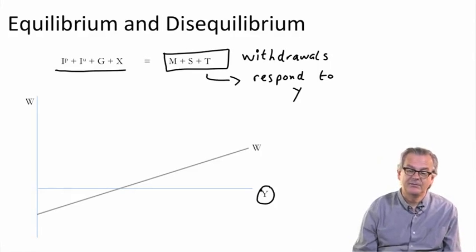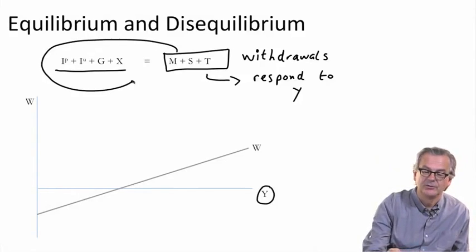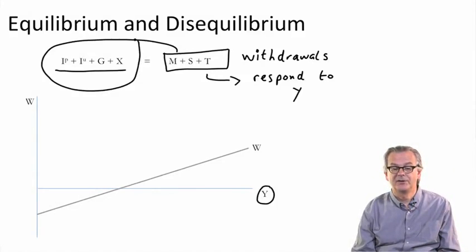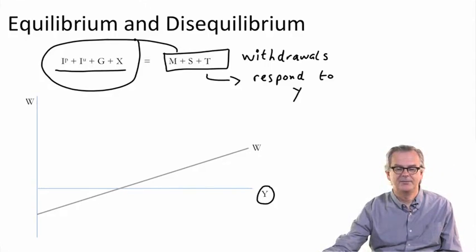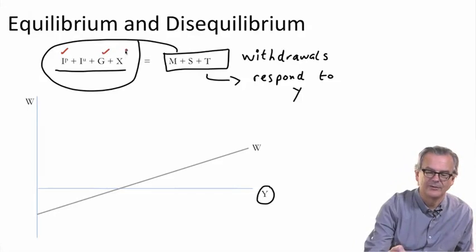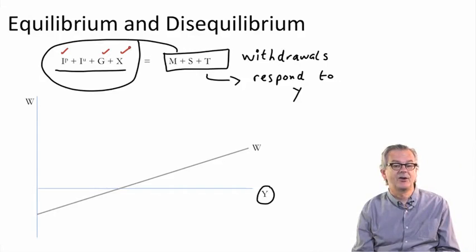Remember that at the same time, withdrawals must also correspond to the sum total of total investment, government spending and exports. Now you might be looking at that and being slightly puzzled, because didn't we say that planned investment, government spending and exports were exogenous and not related to income?